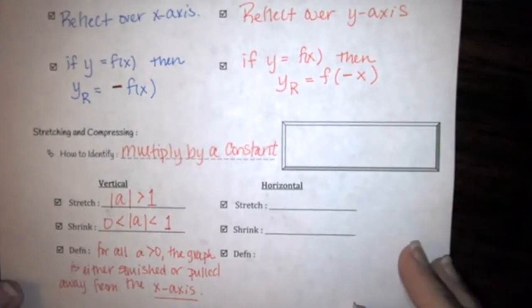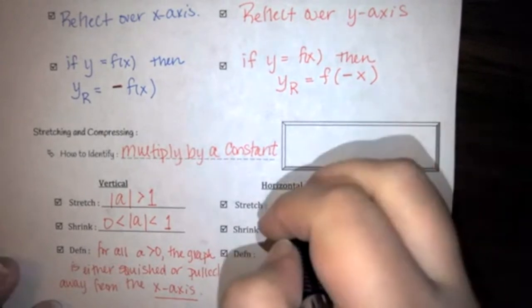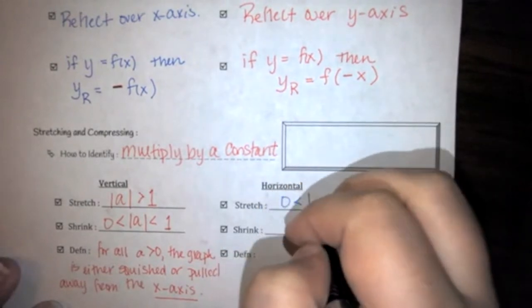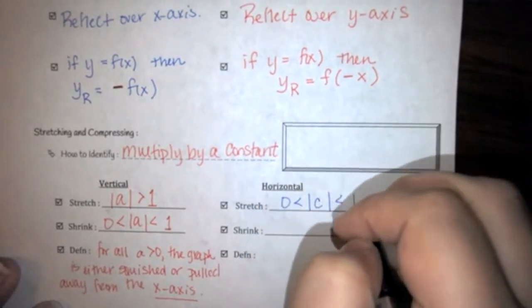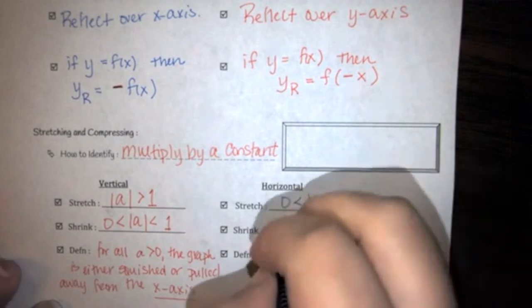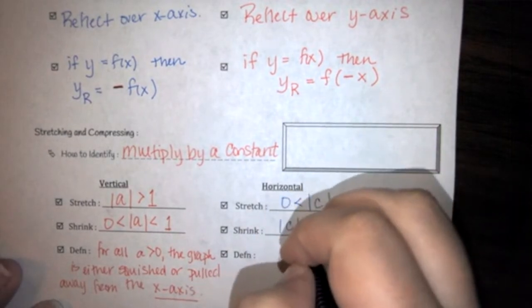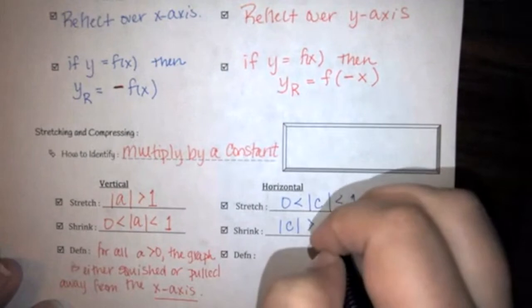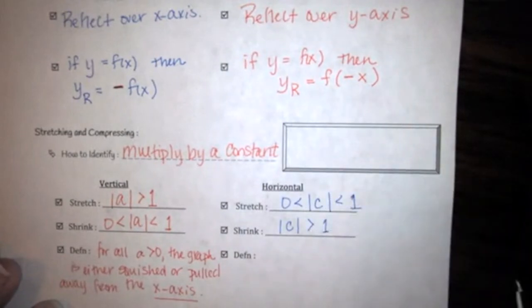Horizontal is going to be the exact opposite. So to stretch a horizontal says we are looking at the fraction. So we are looking at values that fall between 0 and 1. And to shrink it says we are looking at the whole numbers. So values to be greater than 1.